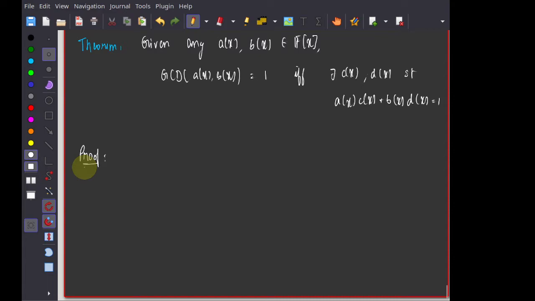So first, let's try to look at this expression a of x c of x plus b of x d of x.